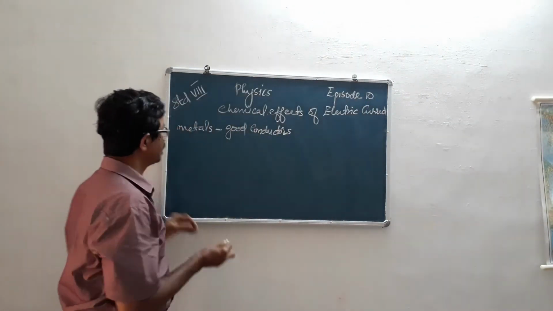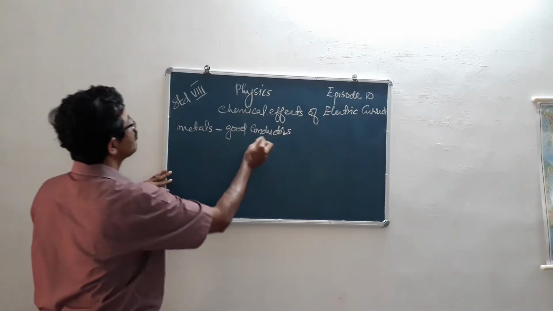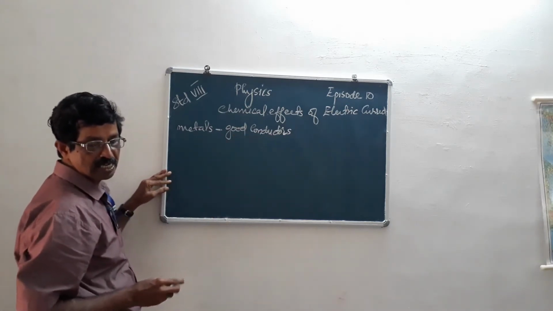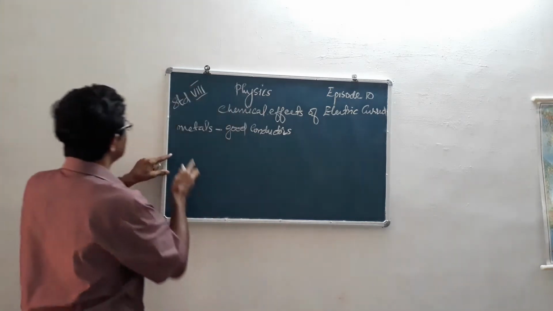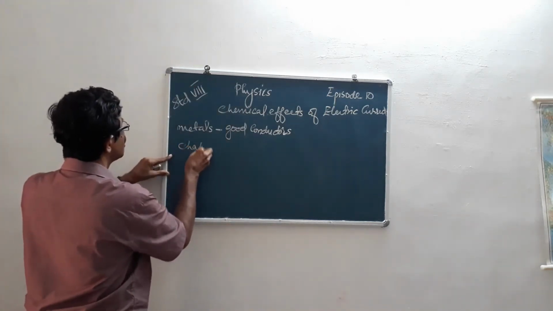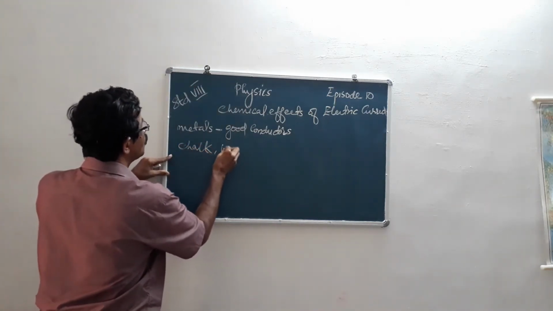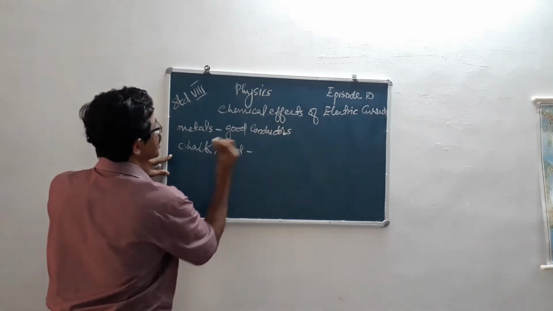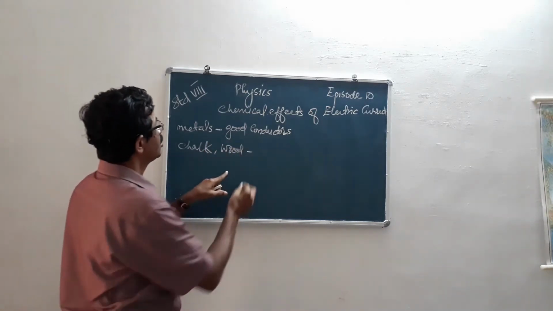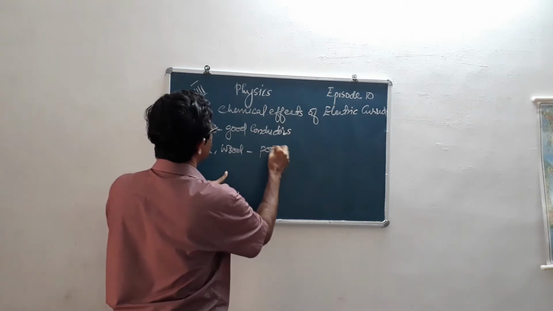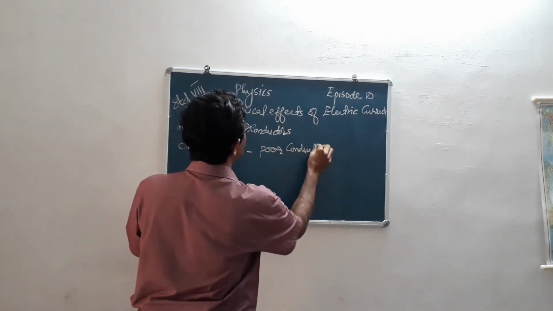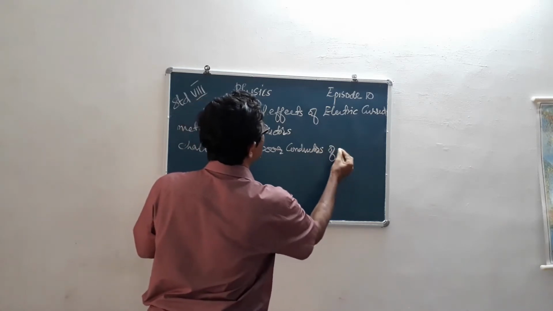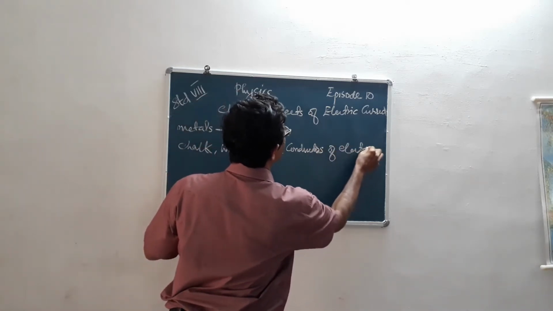These liquids, that means metals we know are good conductors, but substances like chalk, wood, etc. are poor conductors of electricity.